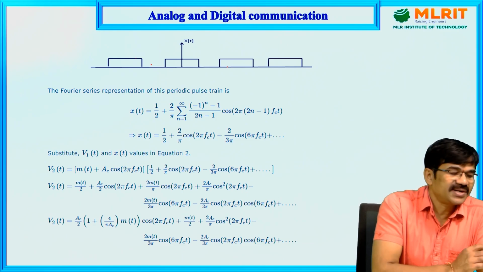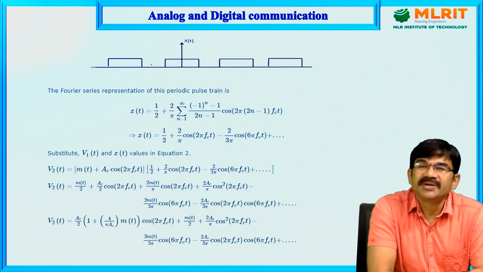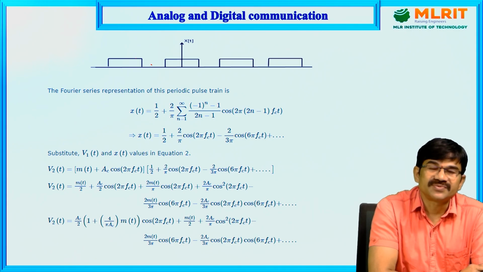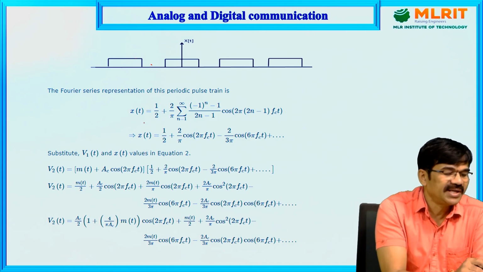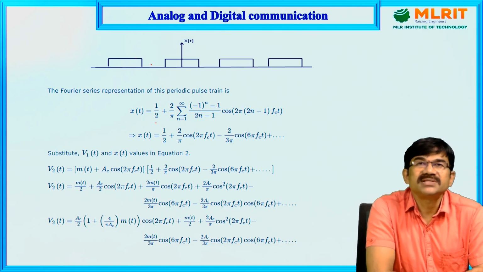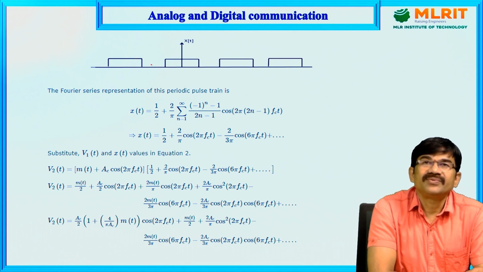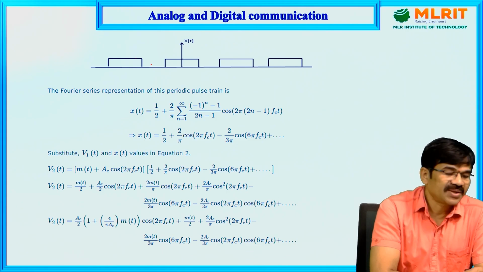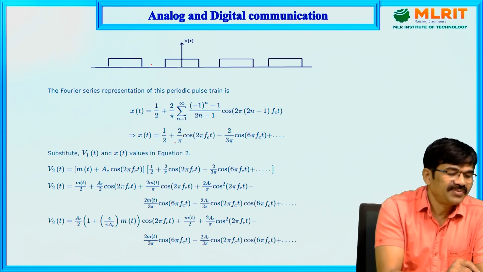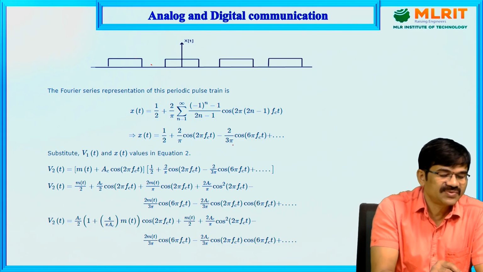Any periodic signal can be represented by using the Fourier series, while aperiodic signals are represented by using the Fourier transform. So the periodic pulse train can be represented by the Fourier series as x of t equals 1 by 2 plus 2 by pi summation n equals 1 to infinity of minus 1 to the power n minus 1 by 2n minus 1 cos of 2 pi (2n minus 1) fc t. Finally, approximating: 1 by 2 plus 2 by pi cos 2 pi fc t minus 2 by 3 pi cos 6 pi fc t plus and so on.